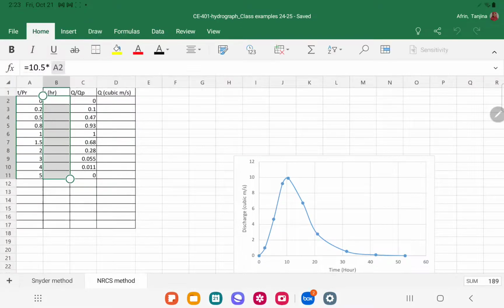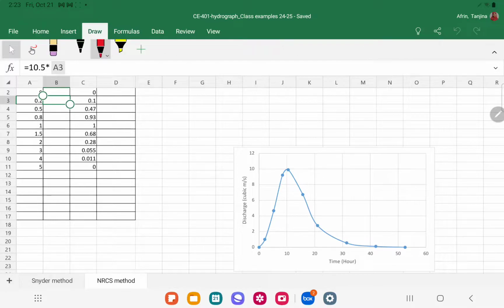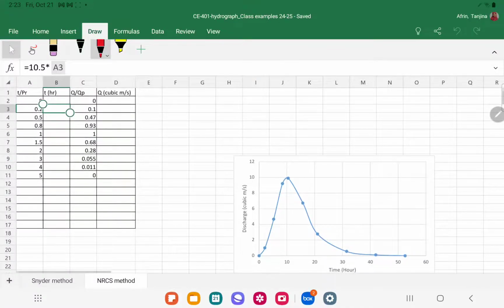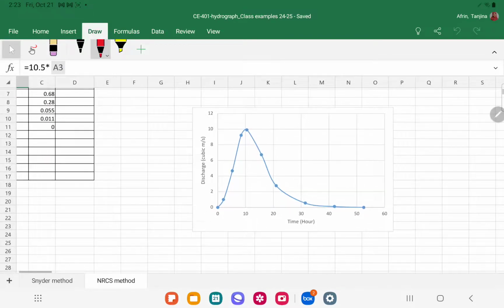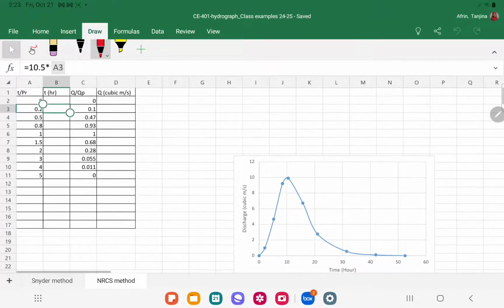The number here is 10.5 multiplied with 13. I used 10.5 instead of 10.38, which I just rounded, but you can keep 10.38 and calculate all the T and Q, and once you have that, you can plot it. So that will be the hydrograph you got.